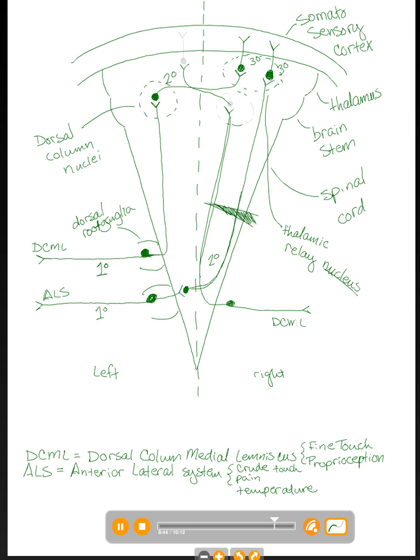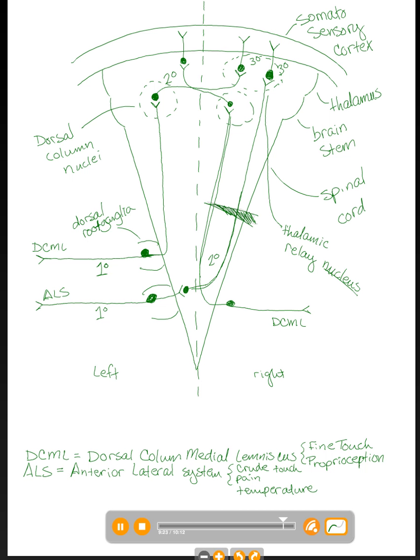If this is DCML, it will come in and go directly to the dorsal column nucleus on this side, synapse onto the secondary neuron, cross over, and synapse onto a tertiary neuron. And ALS is the exact same too. You can see how this works, and the main reason he stresses this so much is the idea of information coming from one side of the body but being processed in the opposite side of the brain.